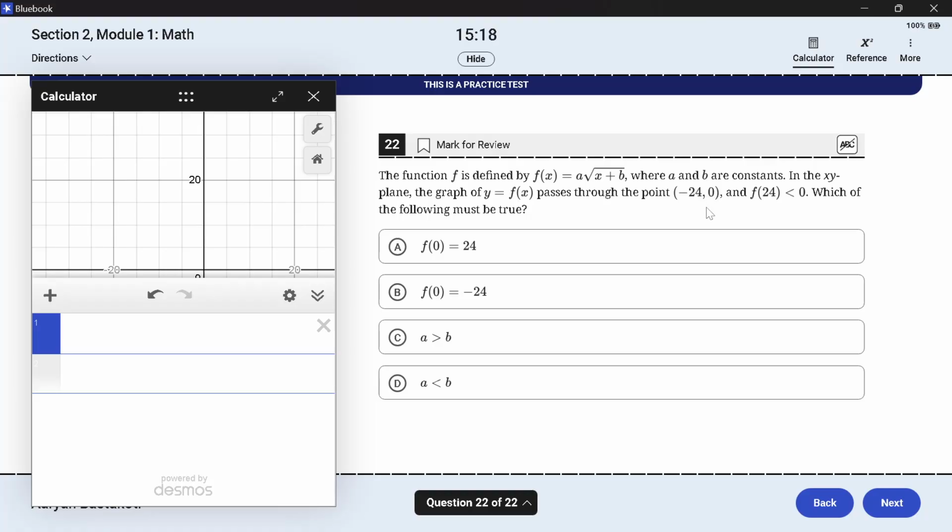So when f of x is 0, the x is minus 24. And we also know that when x is 24, f of 24, that means y or f of x, is less than 0. So which of the following must be true?